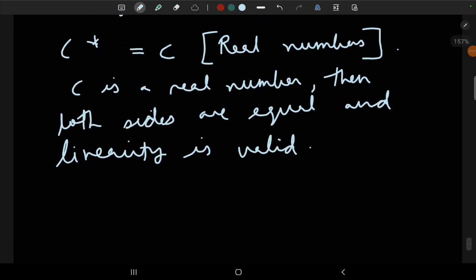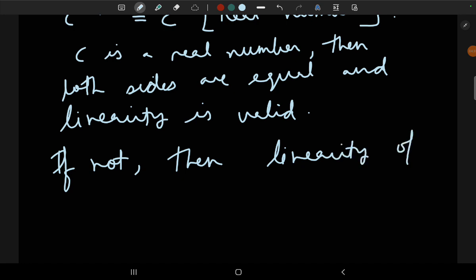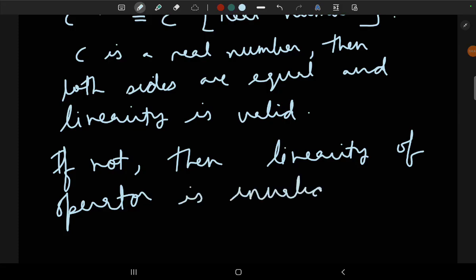But what if it is not a real number? If not, then linearity of the operator is invalid. So linearity depends on the constant c.